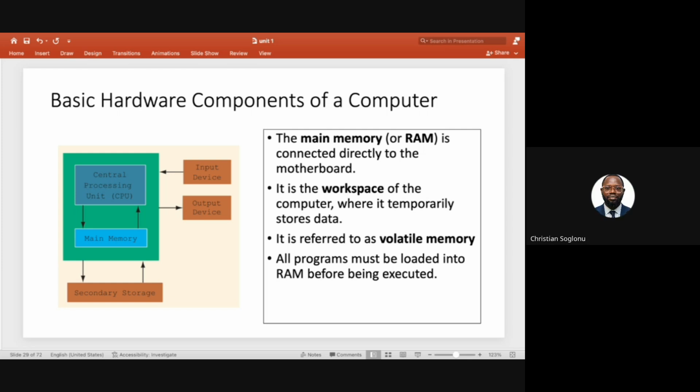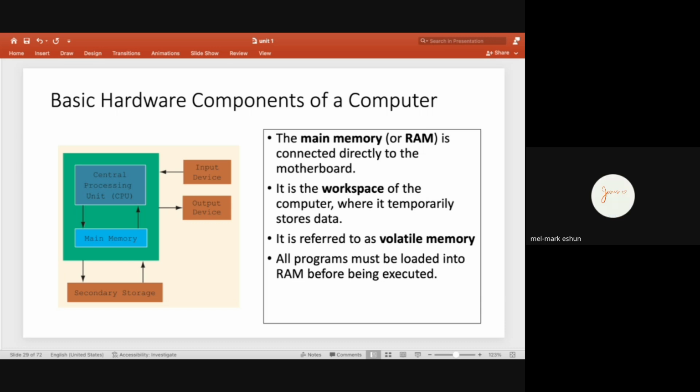So did you hear him? I think he's mainly talking about the CU and then the ALU. It consists of the two, the ALU and the CU.